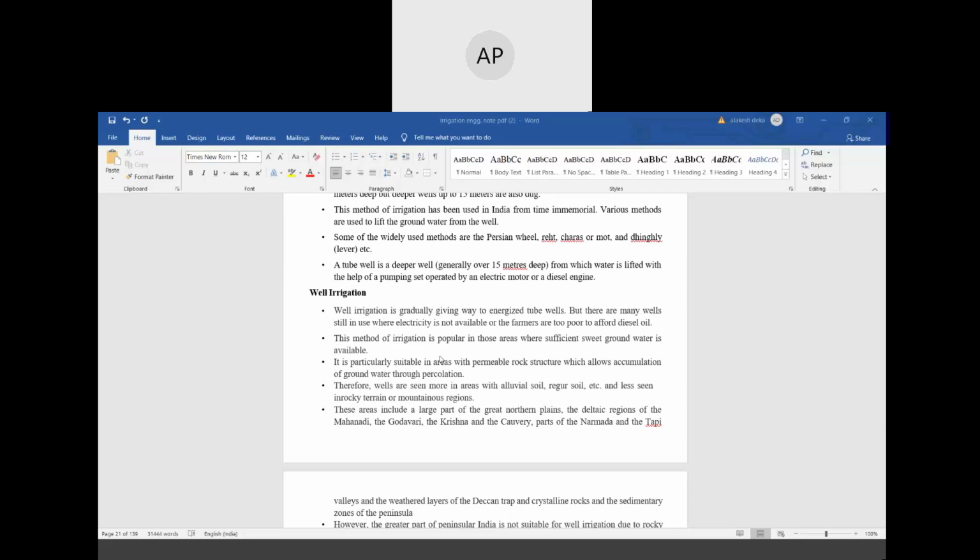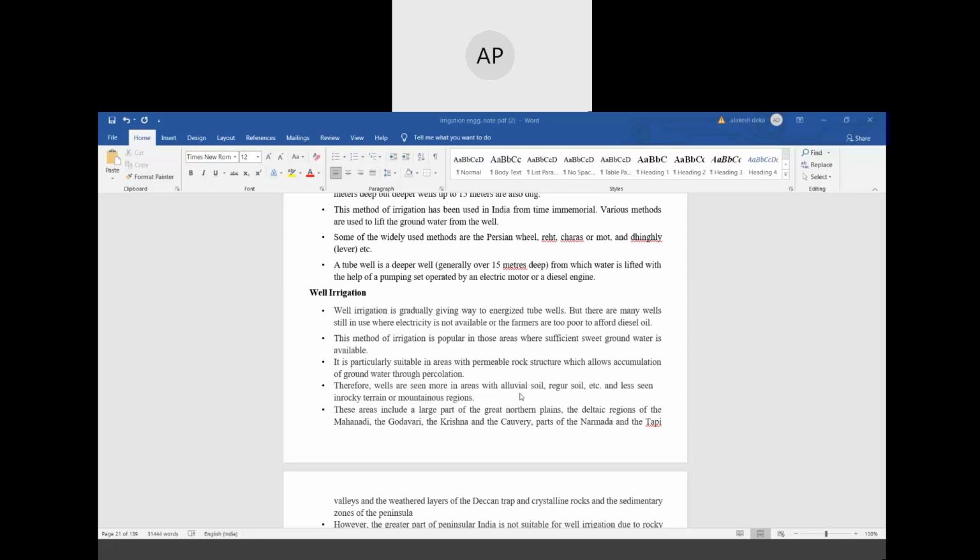This method of irrigation is popular in those areas where sufficient sweet groundwater is available, and particularly in those areas where permeable rock structure is available. That means where there is groundwater percolation. In that type of area, well irrigation is adopted.